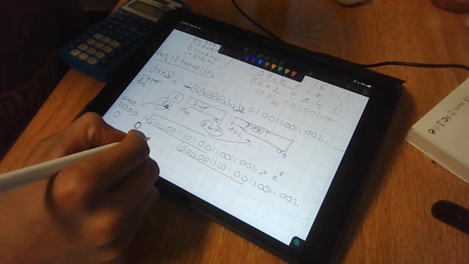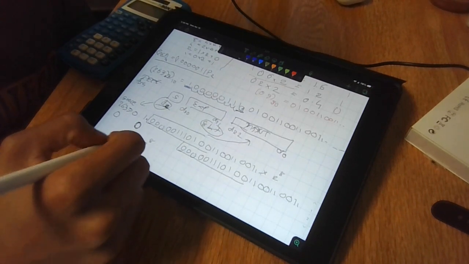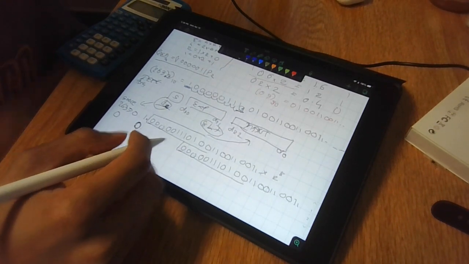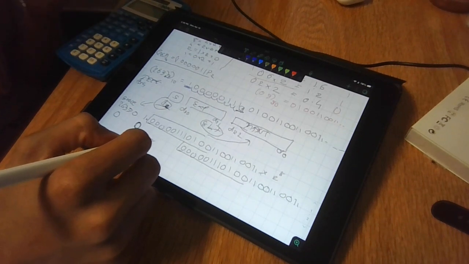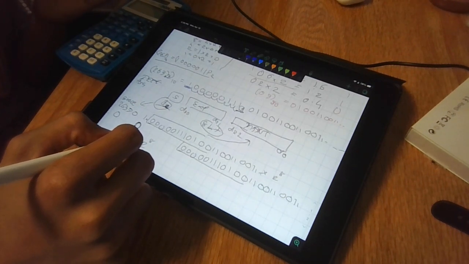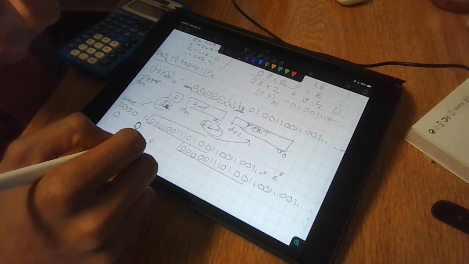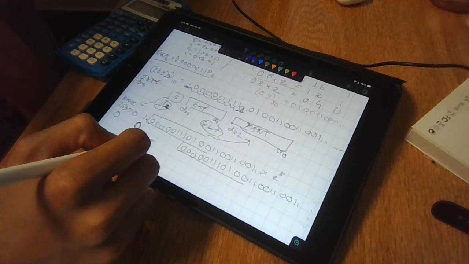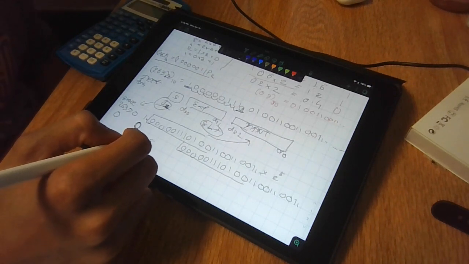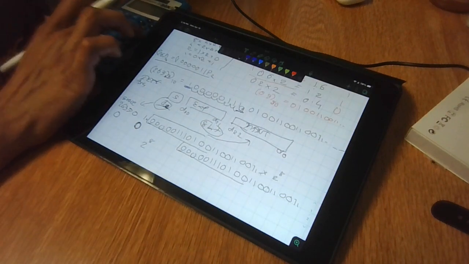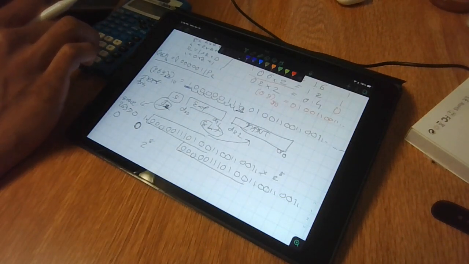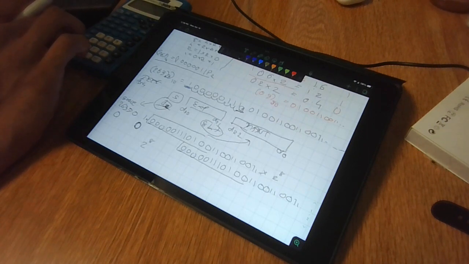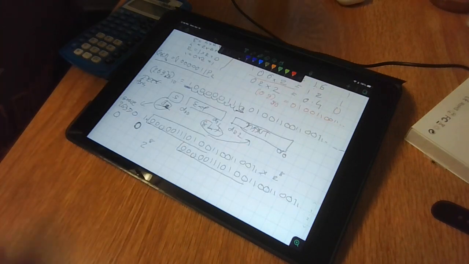So since 2 to the 8, if it's 8 bits, is 2, 4, 8, 16, 32, 64, 128, 256. Wait, what is 2 to the 8? It's 256. Okay, that's all. I'll do it.